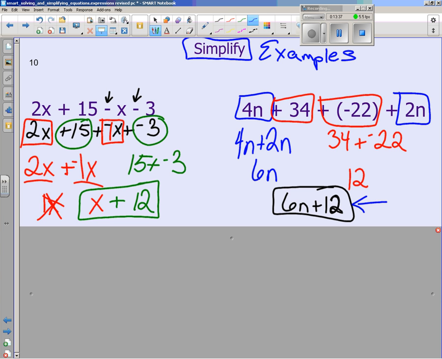If you didn't get that answer, pause the video, look at the work I did, and figure out what went wrong. I just want to mention again, you do not take this expression and then say, okay, that equals 18n. You cannot combine these two terms because they do not have the exact same variable part.